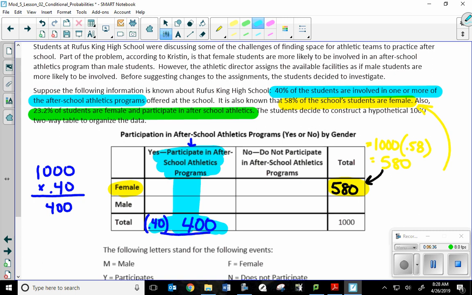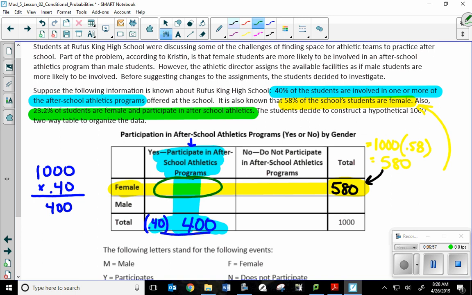My total is 400. And my females is this row, and the total is 580. Where is both? Right where they intersect. And look at yellow and blue make green. Mind blown. Sometimes it just works out that way.